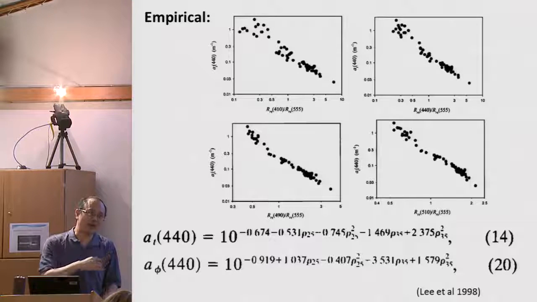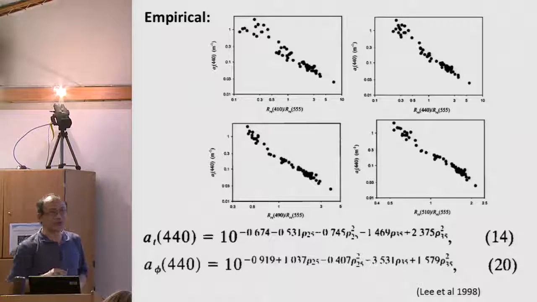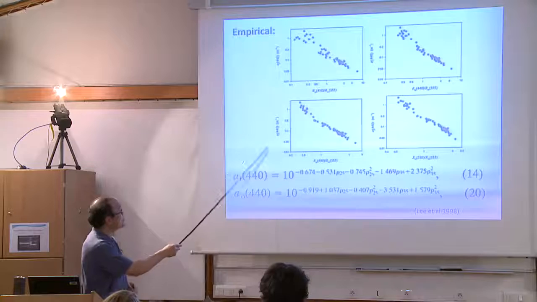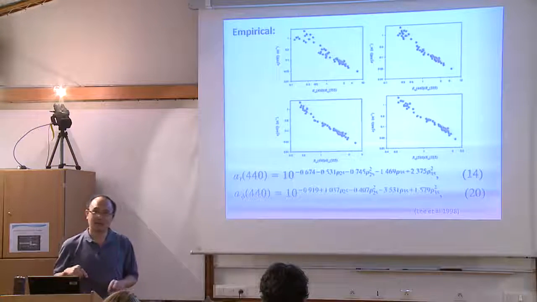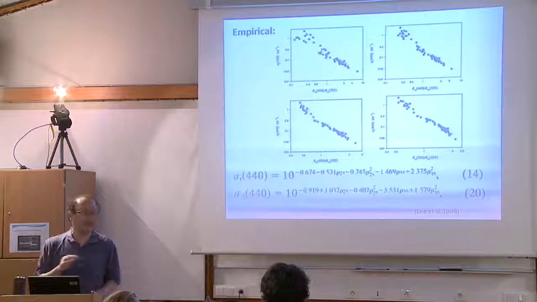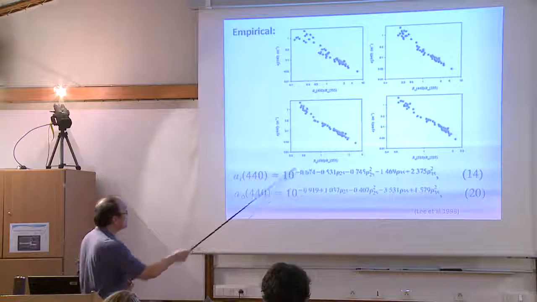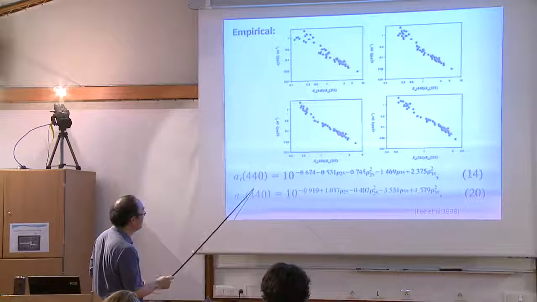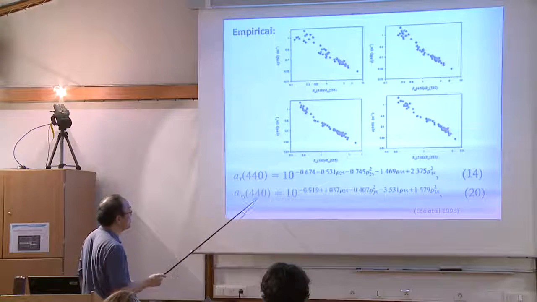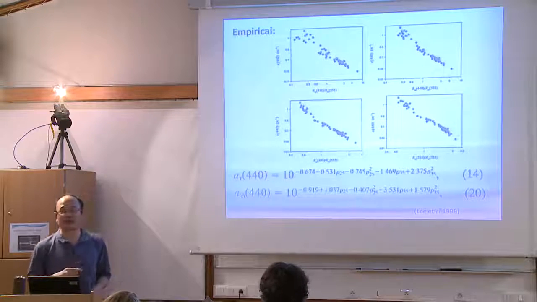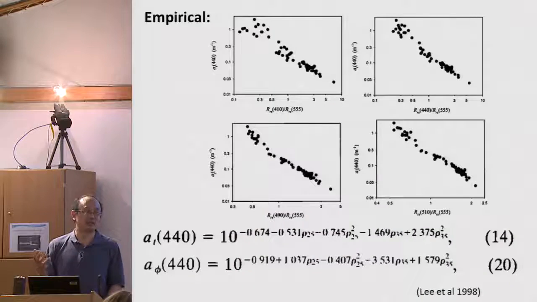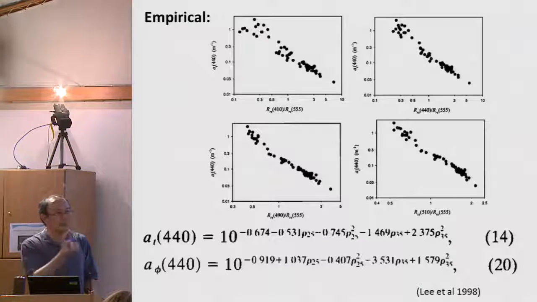For the same kind of strategy, we can also use regressions to derive IOPs, as shown here. We can use regression to derive the total absorption at 440, or phytoplankton absorption at 440. It's the same logic: if you have increased absorption at 440, it will draw down the Rrs at 440.